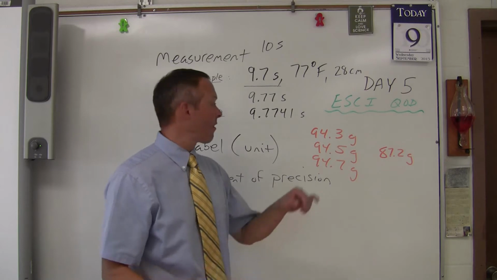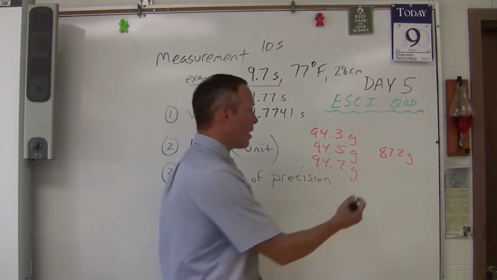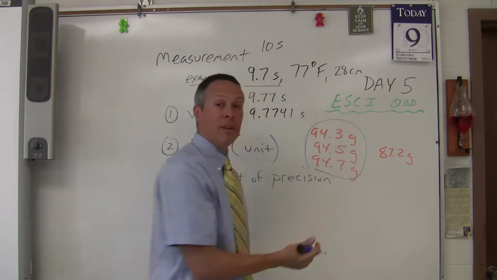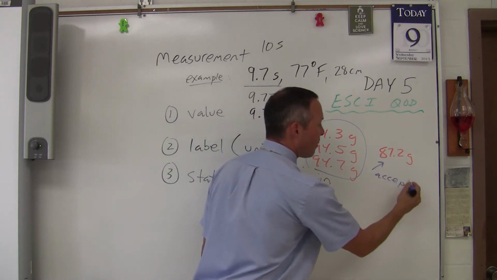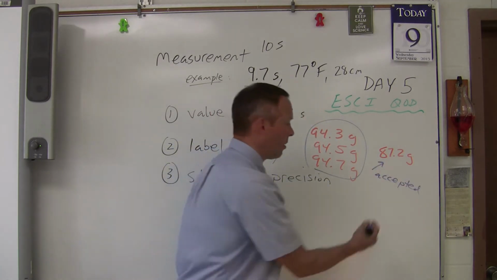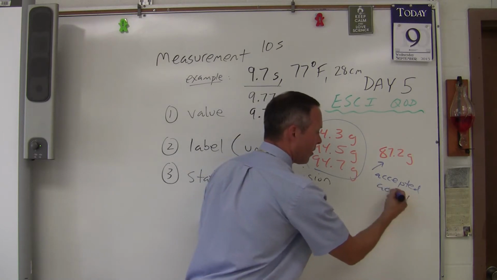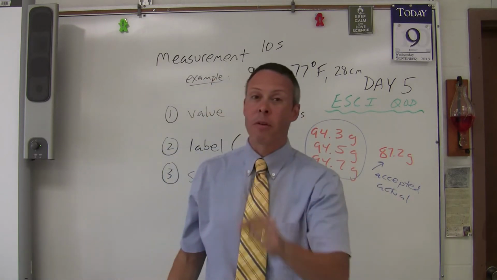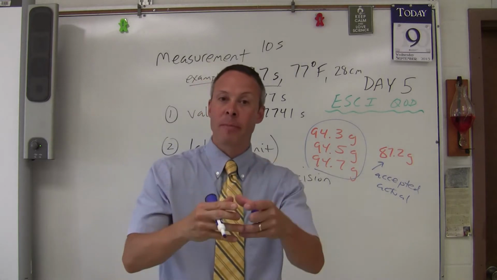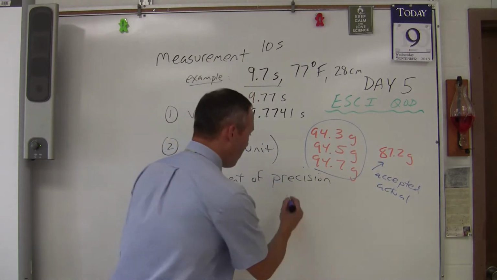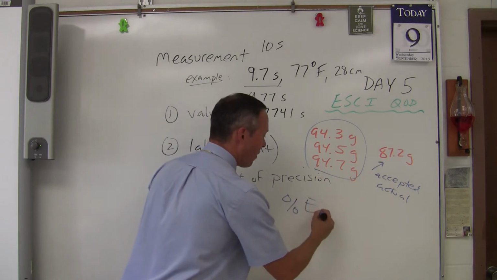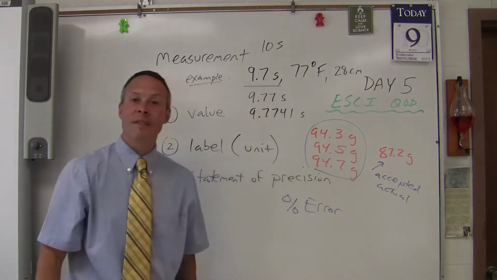When we discuss accuracy, we want to compare our value, maybe you average them, to what is known as the accepted or the actual value. Everyone in here should remember from Earth Science class how to compare a measurement to an accepted or an actual value. It is called percent error or percent deviation.